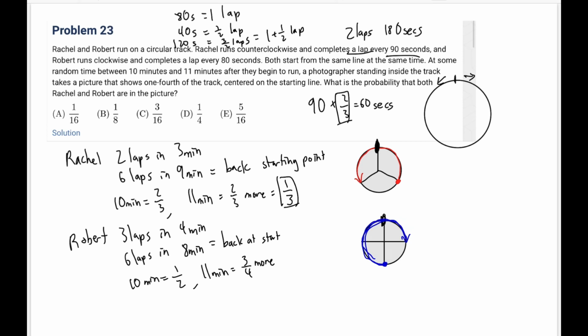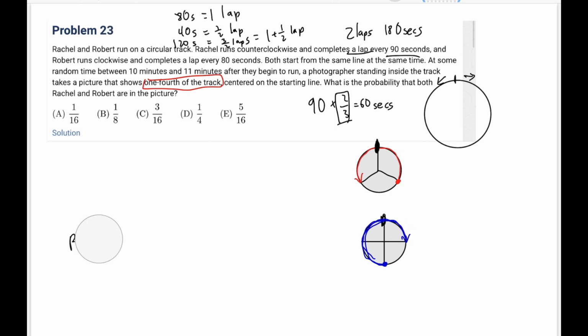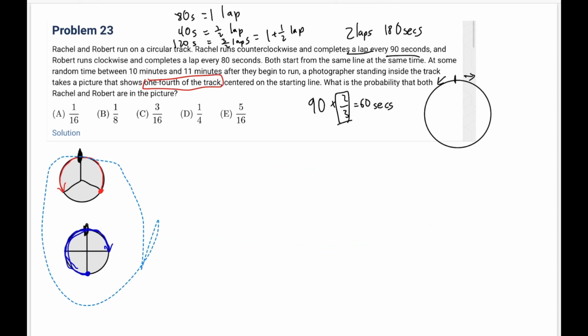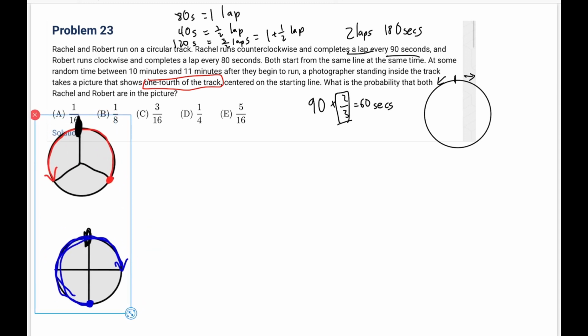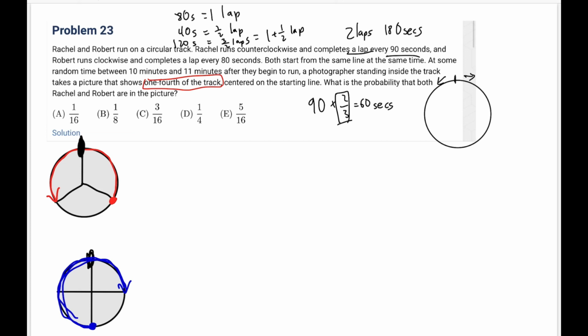What is the probability that both Rachel and Robert are in the picture, right? A photographer standing inside the track takes a picture that shows 1/4 of the track centered on the starting line, right? So let's erase all this since we are done with them. And then let's move these up here. Make them a little bigger.